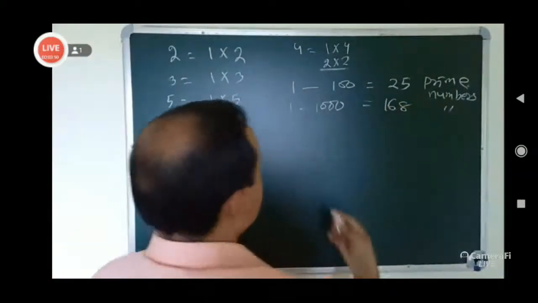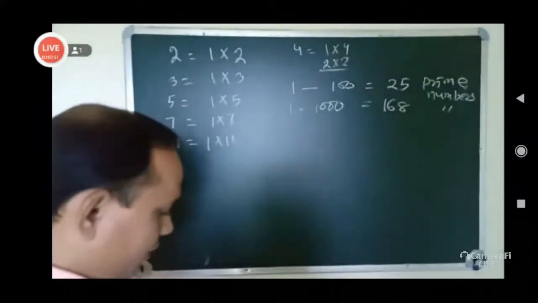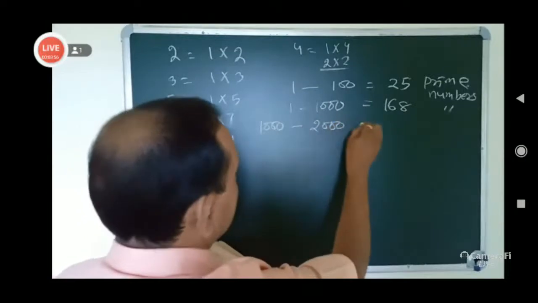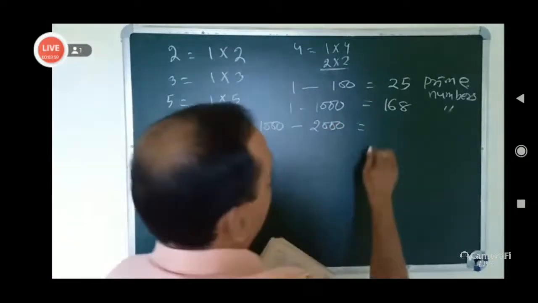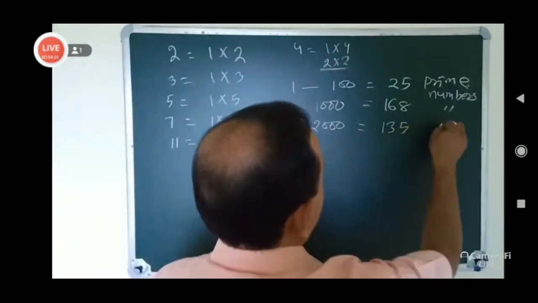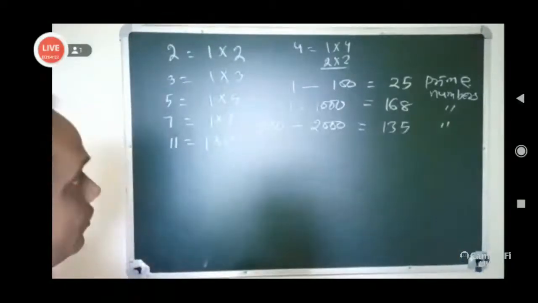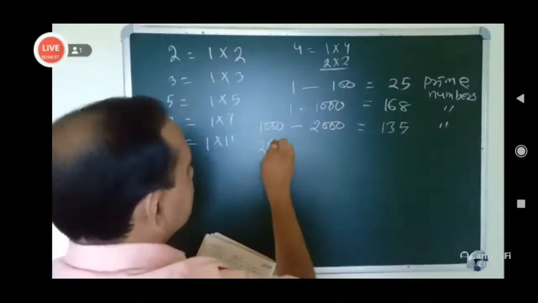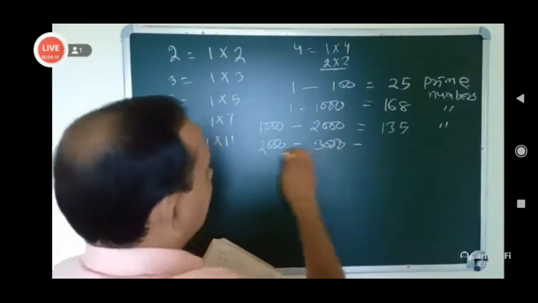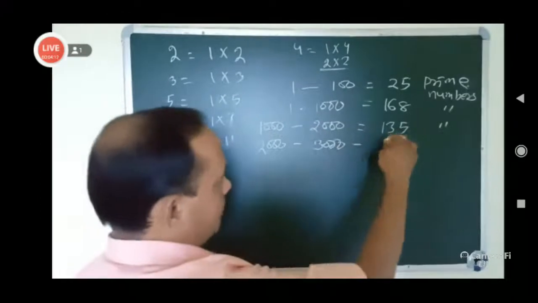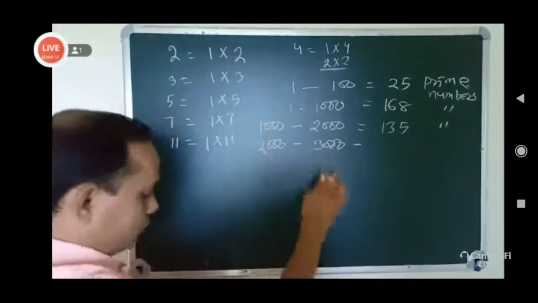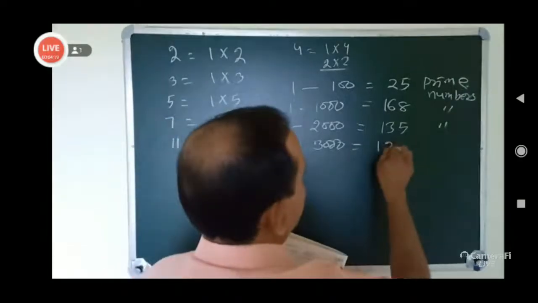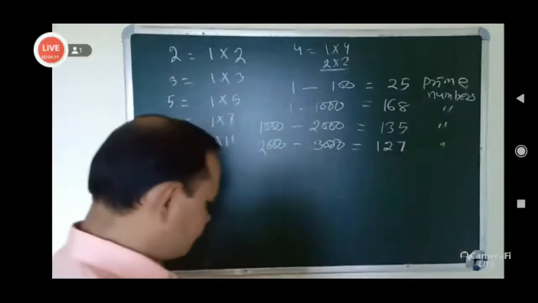Between 1000 and 2000, there are 135 prime numbers. Between 2000 and 3000, there are 127 prime numbers.